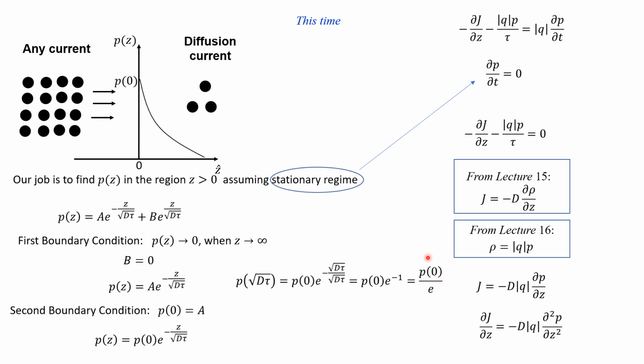So this is a quite useful and common criterion used to express a typical propagation distance that the particles can experience before they suffer recombination.